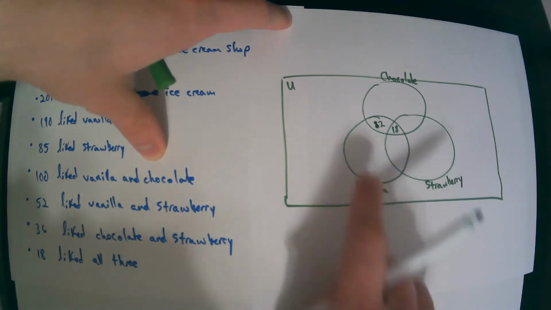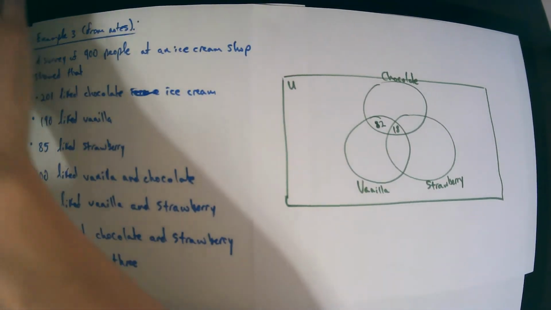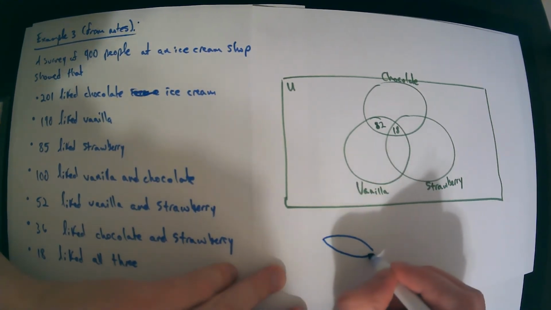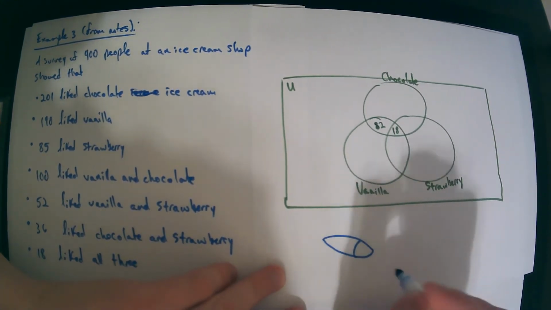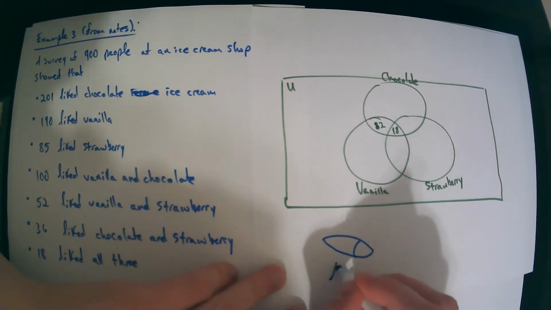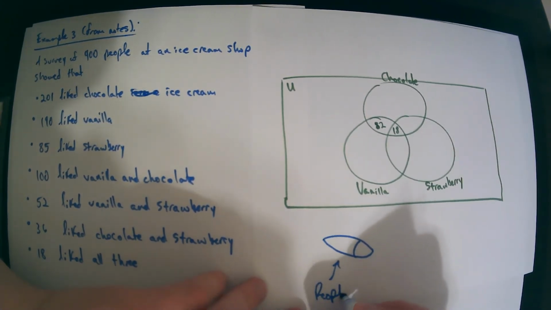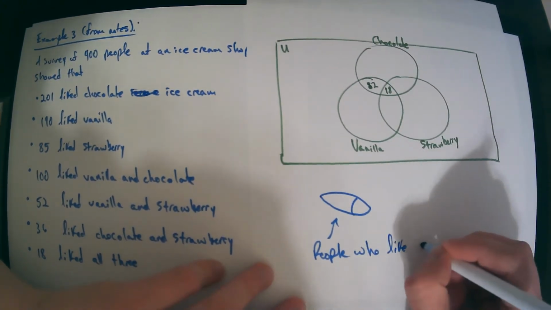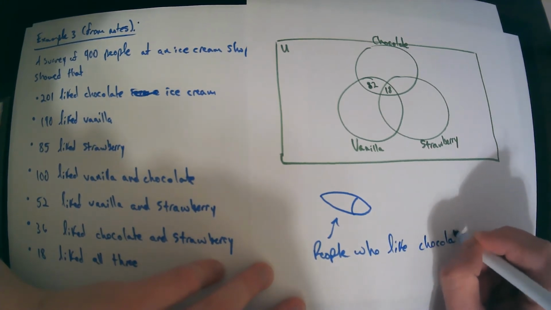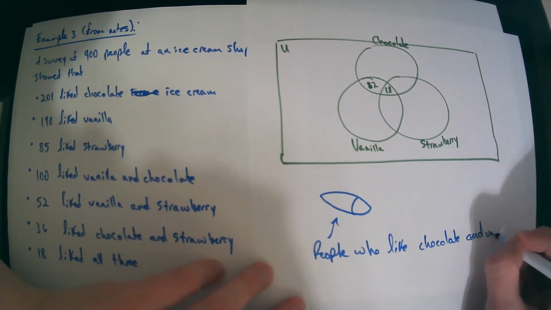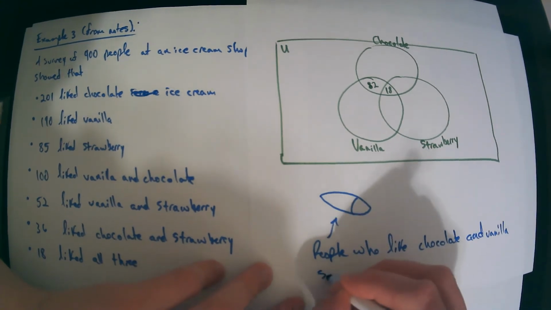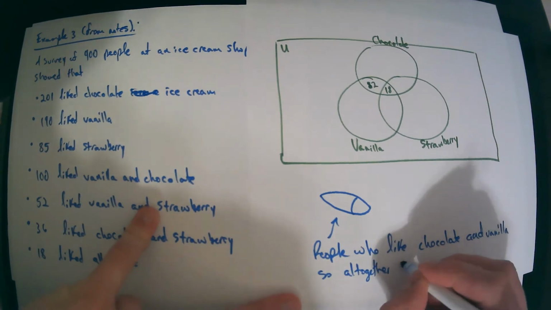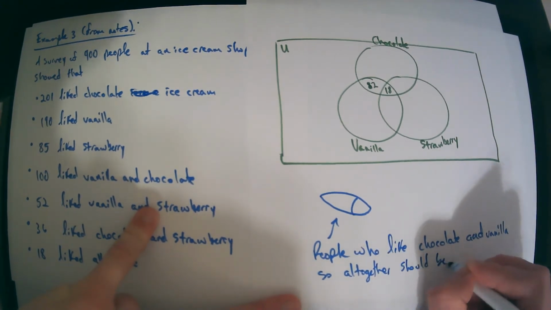Okay, so that whole section, this little part here, with this little line in it, it looks like an eyeball. This is, let me scoot up a bit, people who like chocolate and vanilla, right? So all together, according to our data point, should be 100, right?